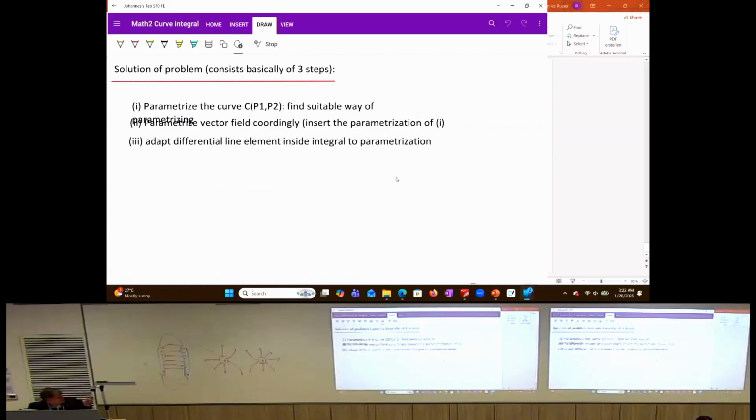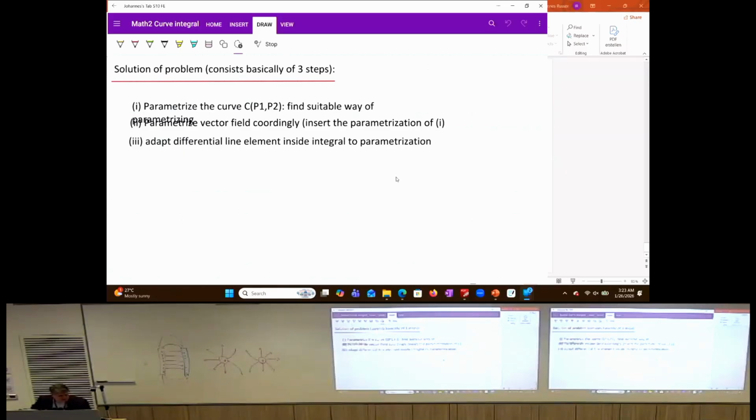And the first aspect is that you parameterize this curve and find a suitable way for parameterizing that. This is an important aspect if you are trying to do this in an analytic fashion. If you are doing it numerically, then you of course have more options.